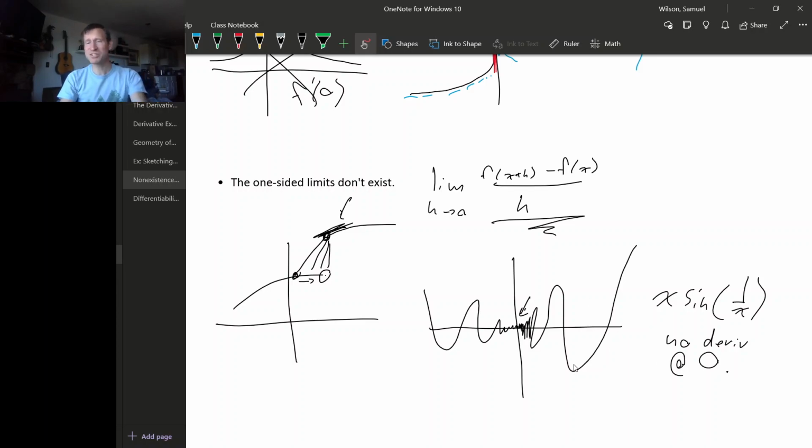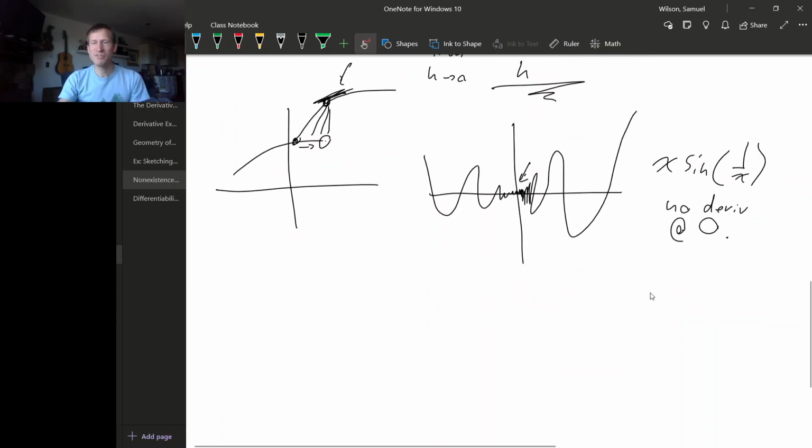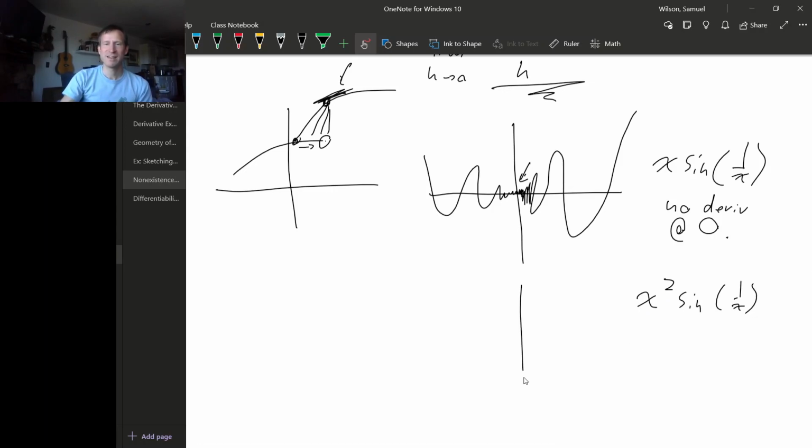This is a delicate question, though, because the function x squared times sine of 1 over x looks very similar. It gives a very similar impression. Right? This is essentially a sine curve, but whose amplitude goes like x squared. So that's like this, or like this.